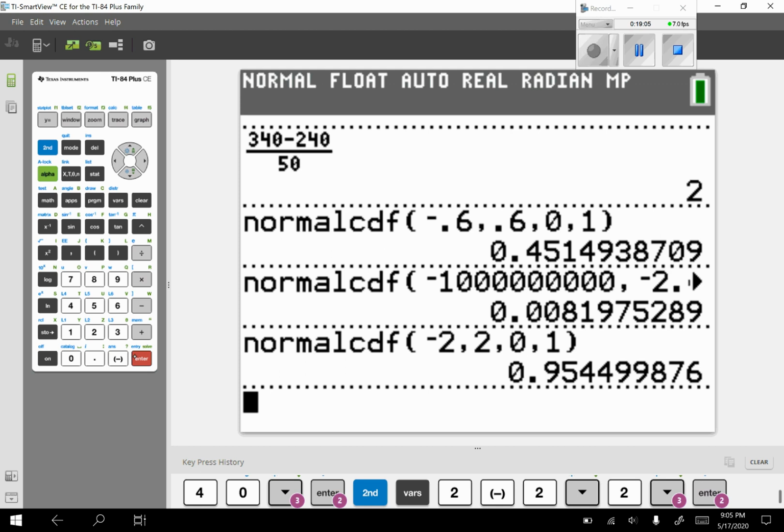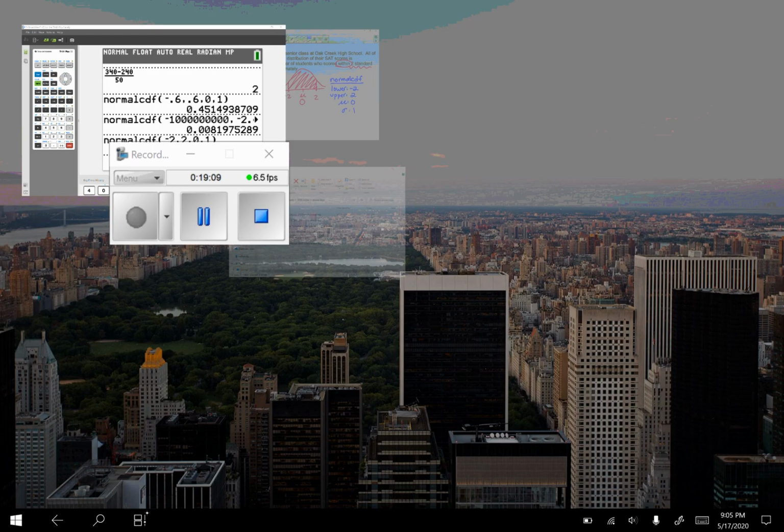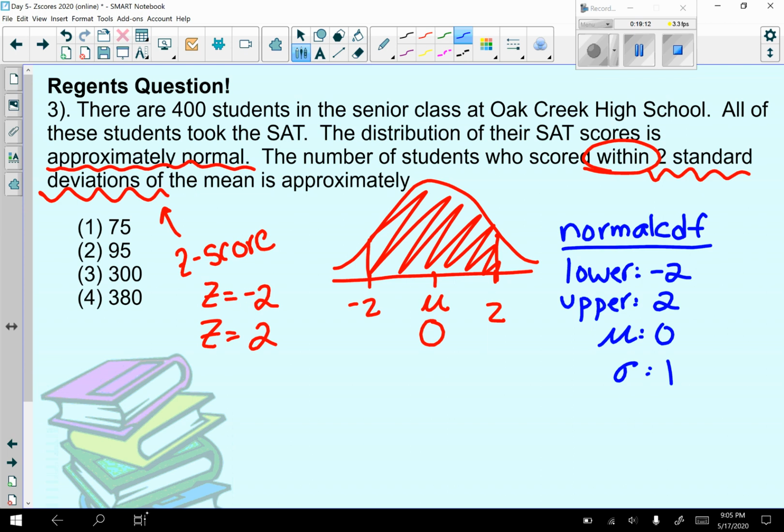Paste. Here's my percentage or my probability. So I get 0.954499 and so on, but this is my percent or probability.